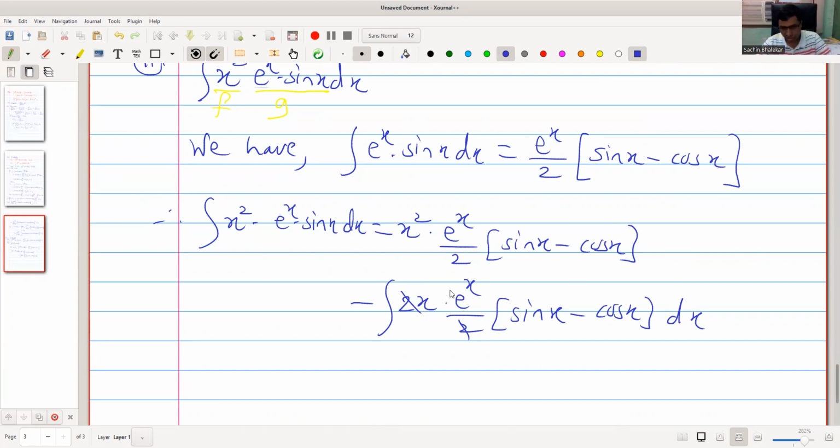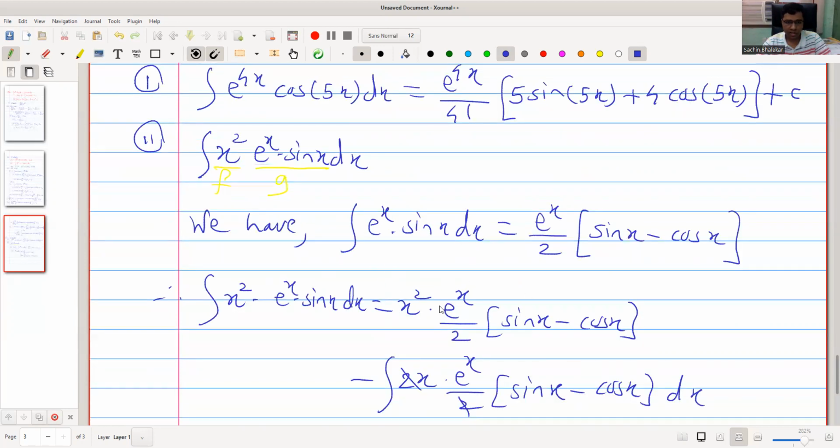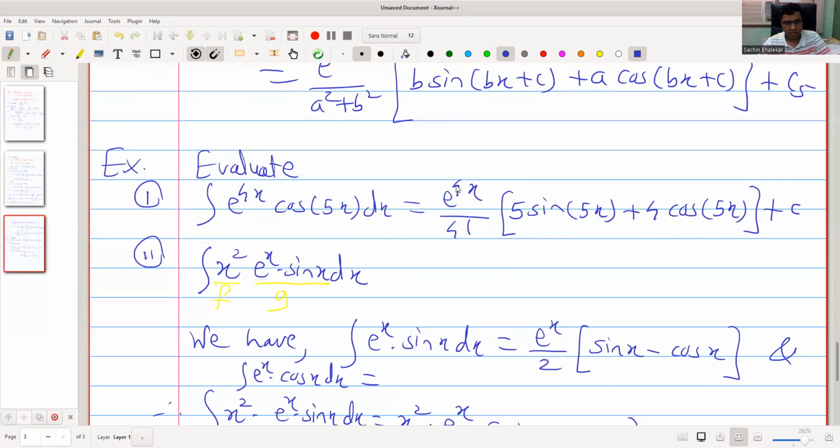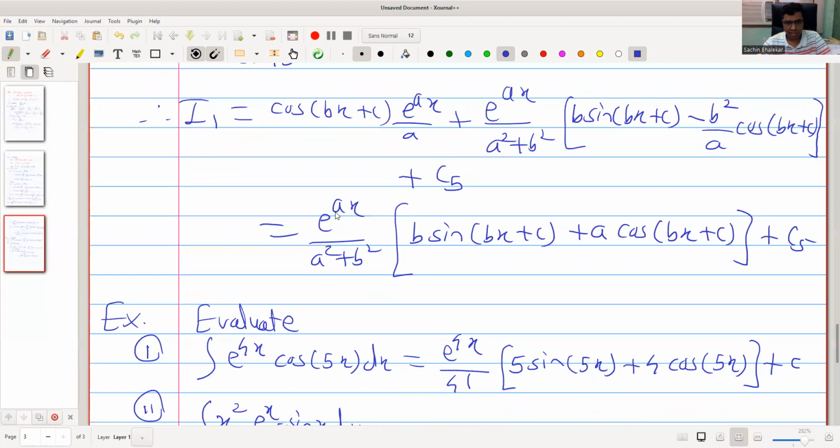Now again we will have e raised to x into sin x and e raised to x into cos x. So we need another formula, that is the integral of e raised to x cos x dx. Here I am writing it in short: again we use this formula with a equal to 1, b equal to 1, c equal to 0.